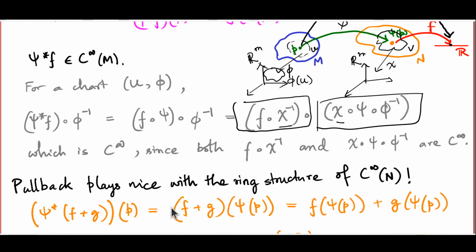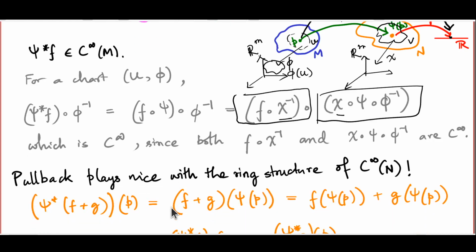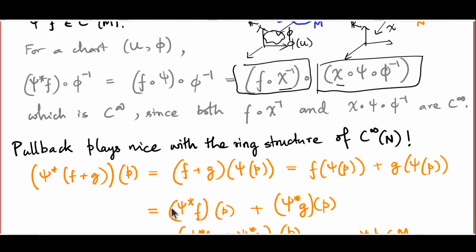In other words, if you add two elements of this ring, that is, form the function f plus g and pull it back, psi star acting on f plus g at p is by definition f plus g acting on psi of p. But f plus g acting on psi of p is again by definition f of psi of p plus g of psi of p. And each individual term here is really the result of a pullback function: psi star f acting on p added to psi star g acting on p.